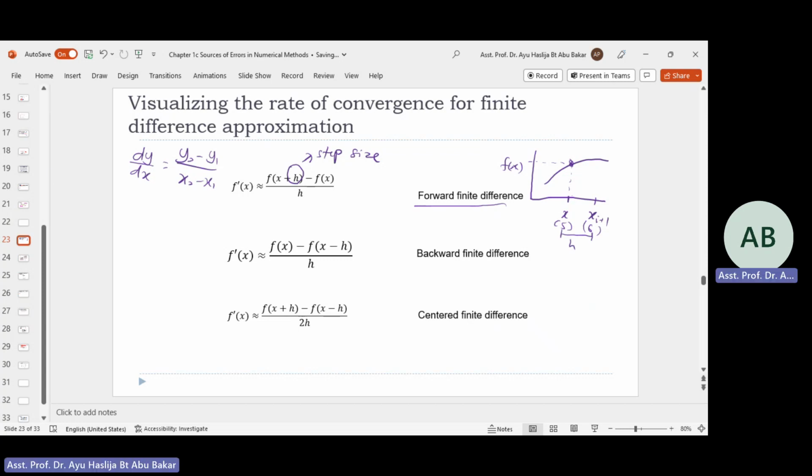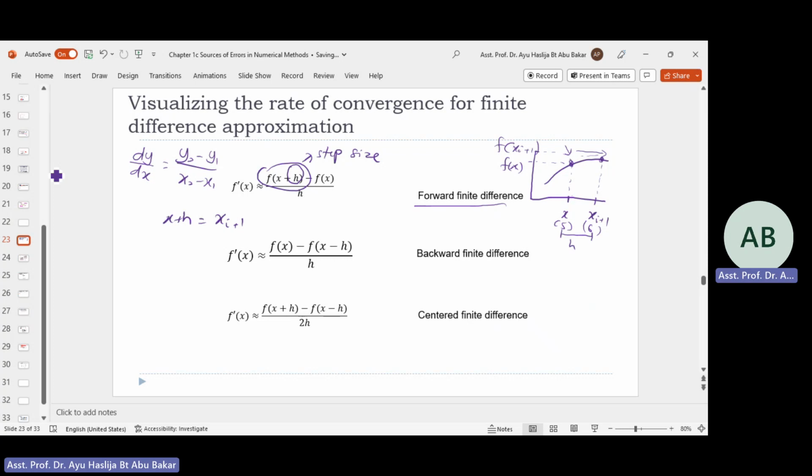So f(x plus h) means f at this point, forward. Forward plus means moving forward from the original point, the x over here. Minus f(x). This is for f(x i plus 1), and this is f(x). Don't get confused: x plus h over here is similar to x i plus 1.